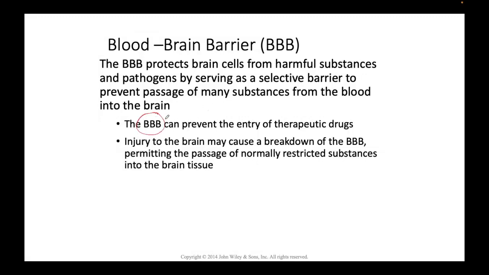So this blood-brain barrier can prevent entry of certain types of therapeutic drugs. So they'll try and develop certain pharmaceuticals, and maybe they'll try and hide the drug in with high glucose. They'll try and sneak it in with large amounts of sugar because the brain does like that to function, to try and get that therapeutic drug into the brain.